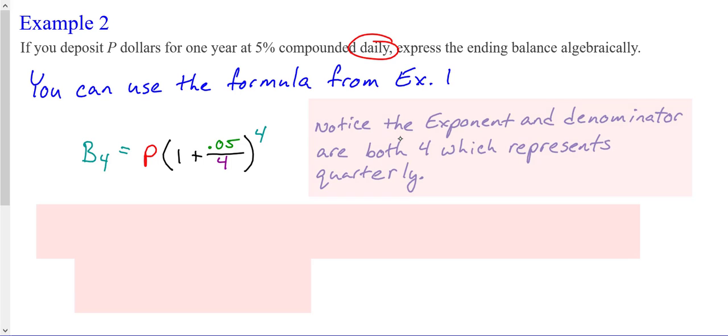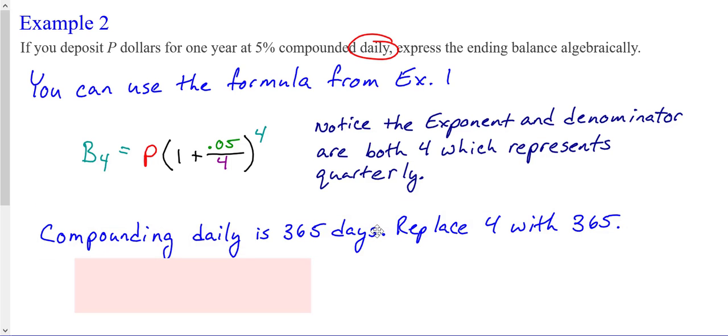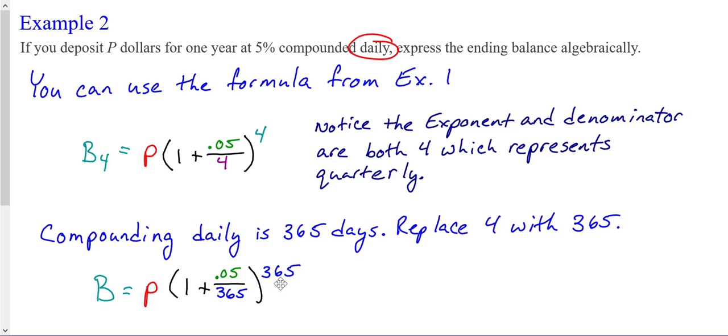Notice the exponent and the denominator are both 4, which represents the quarterly compounding amount. If we were to compound daily, we know daily is 365 days. All we would need to do is replace 4 with 365.